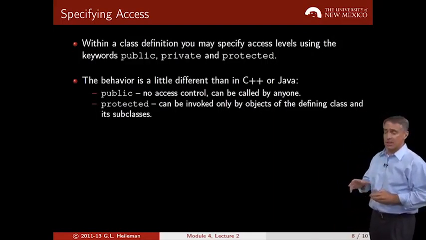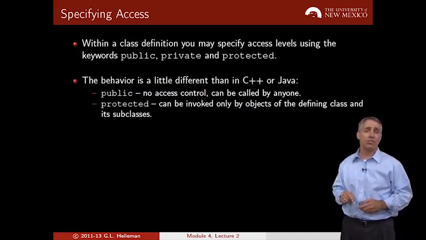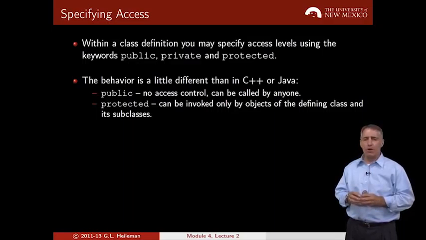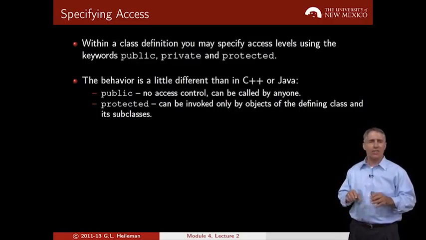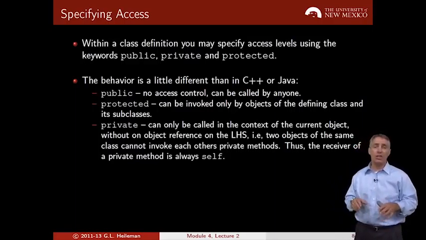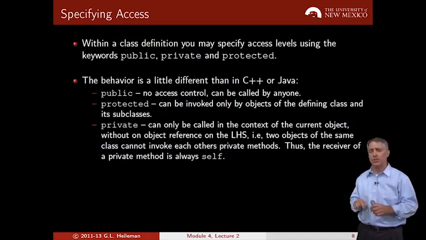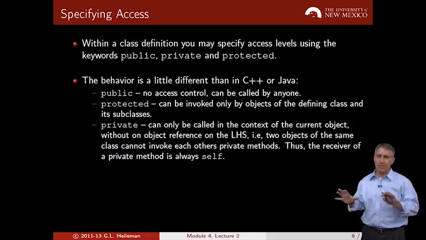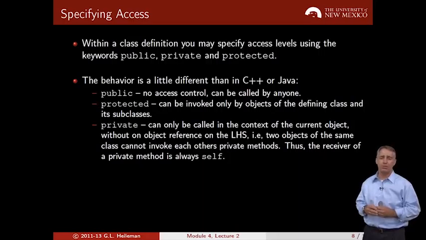It's the protected and, more particularly, the private methods that are quite a bit different. A protected method can only be invoked by objects of the defining class and its subclasses, while a private method can only be called in the context of the current object, and there can be no object reference on the left-hand side. And this is quite a bit different than C++ or Java.